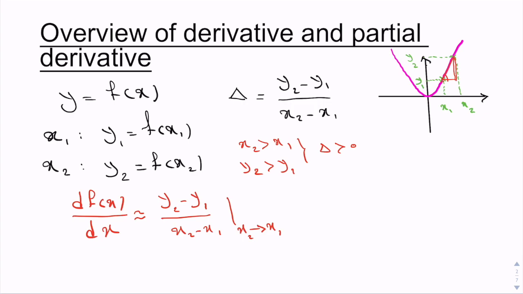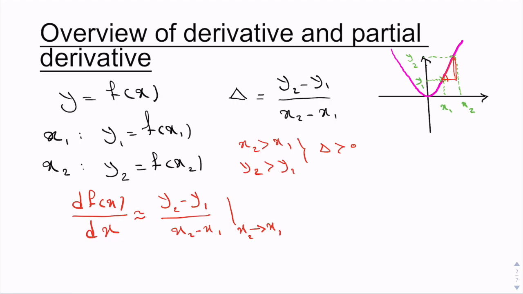Therefore, the derivative gives us the slope and also the direction. If we compute the derivative at this point, is the function increasing or decreasing? Those are the two important pieces of information we can get from the derivative.